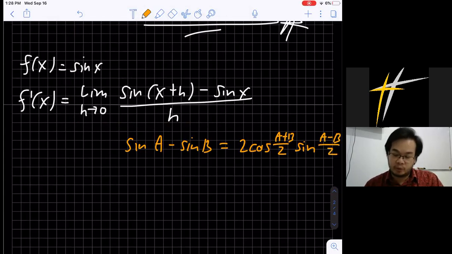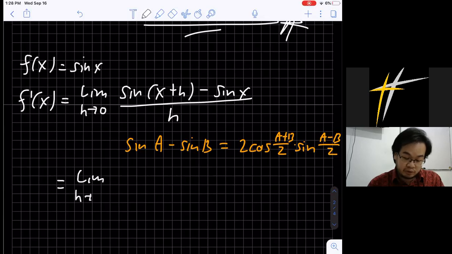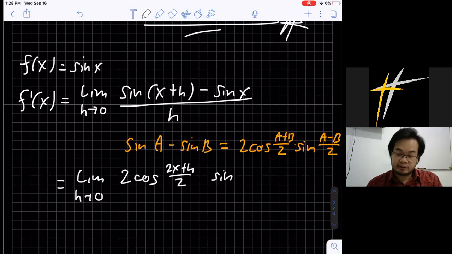Right? Well, I bet you forgot it, but I memorized it. So let's use this formula. This is equal to the limit of h approaching 0 of 2 cosine of (2x plus h) divided by 2, times sine of (x plus h minus x) divided by 2, which is h divided by 2, all over h.